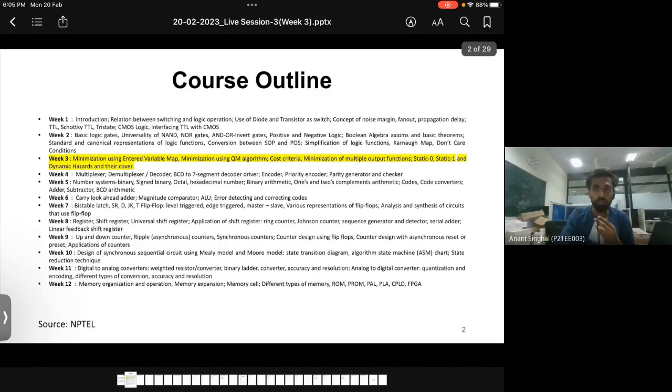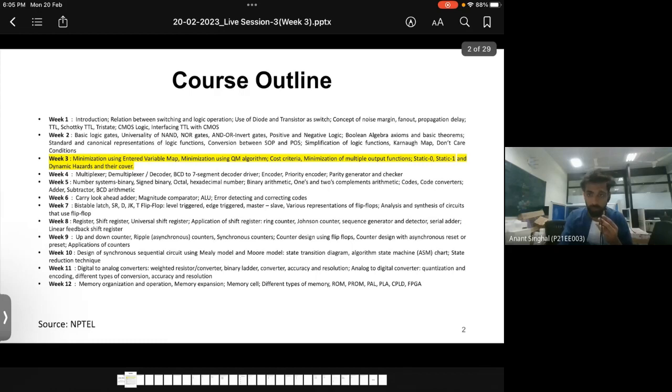In the last week, we were left with some questions regarding the minimum number of NAND gates and NOR gates. So initially, I'll cover those questions and the concepts, because it was left behind in the last week's lecture. Then I'll come to the topics of minimization and hazards.